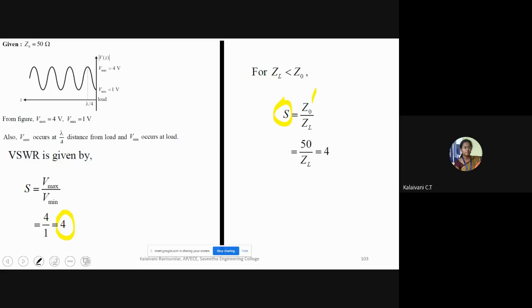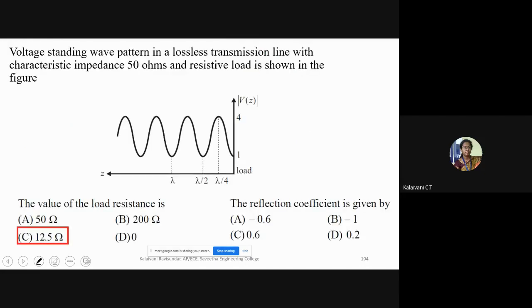So 50 by ZL is equal to 4, giving ZL equal to 12.5 ohms. The question is the value of load resistance, that is equal to 12.5 ohms. From V max, V minimum and the 50 ohms resistive load, we found the value of load resistance is equal to 12.5 ohms.